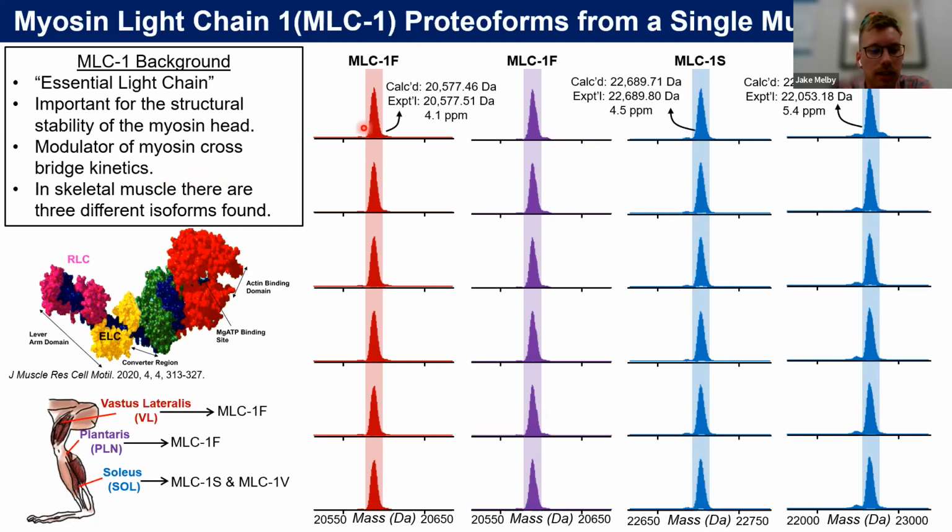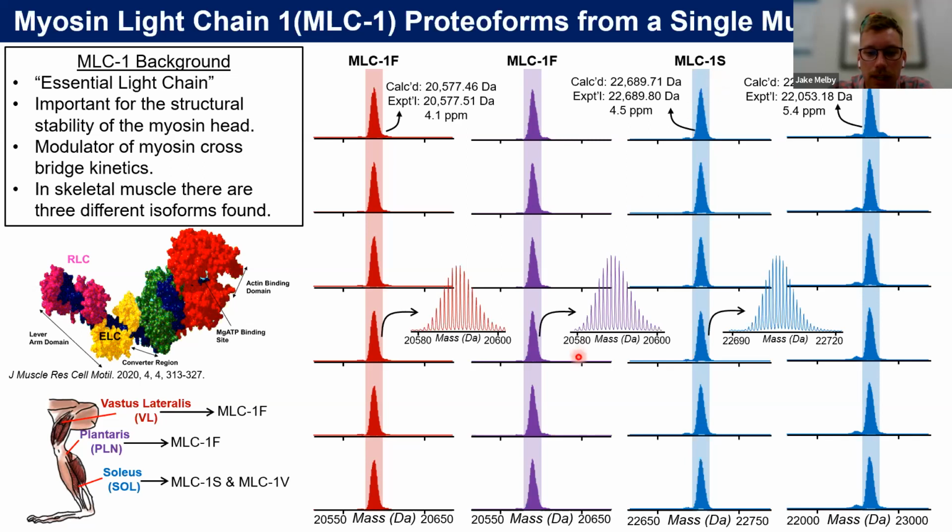So in the VL and TLN muscle, the fast isoform was expressed, whereas in the soleus fibers, there were 2 different forms of the slow isoform being expressed. And again, we're doing this at the intact protein level, and our mass spectrometer is high enough resolution that we're still getting nice baseline resolution for these 20 to 25 kilodalton proteins.